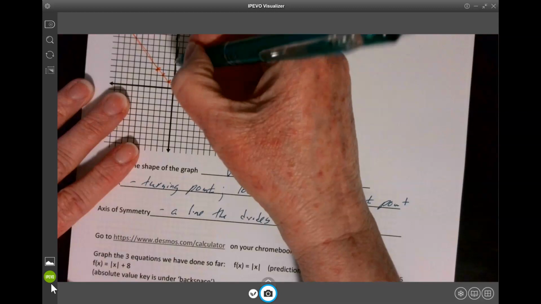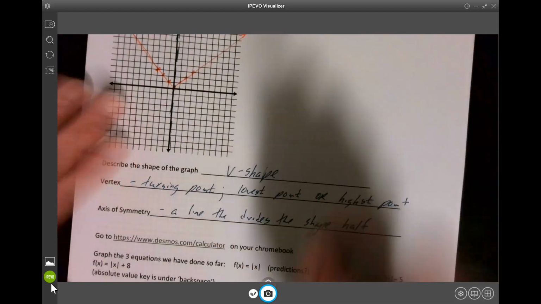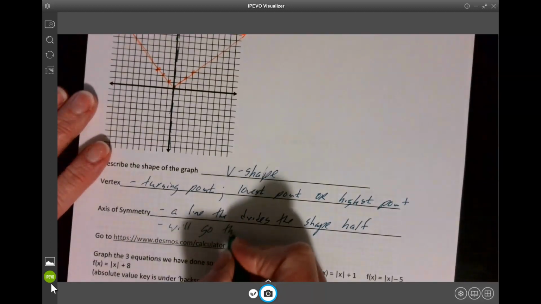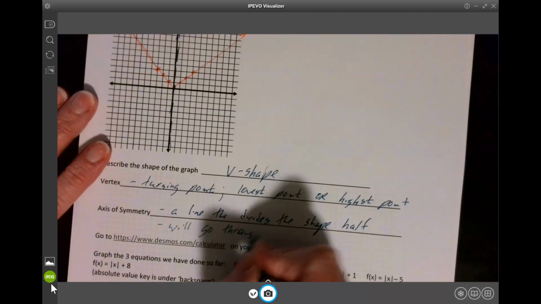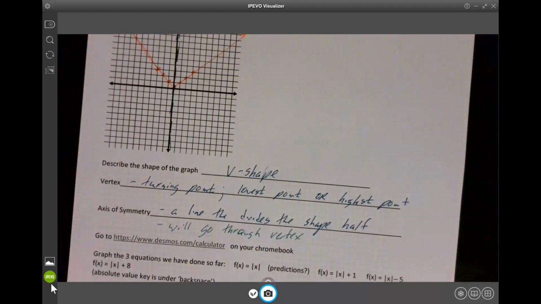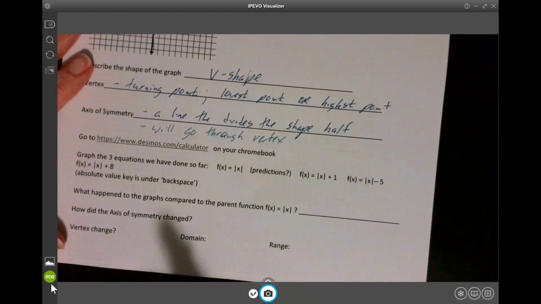Let's see if I can do it in a different color if it shows up any better. But this would be my axis of symmetry. Your axis of symmetry is always going to go through your vertex. We're going to talk about that on the absolute value and also on when we talk about a quadratic, which is what we're going to be doing the next lesson.